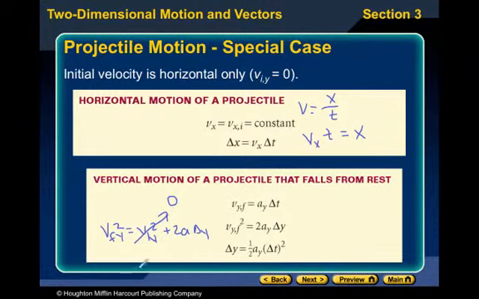Same with x equals Vit. They just take this out because that's 0. So we're left with, and we're not talking about x, we're talking about the y direction, y equal to 1/2 a t squared. So you don't have to know a bunch of new equations. We're using the same equations, we just have to split it into the x and y directions.